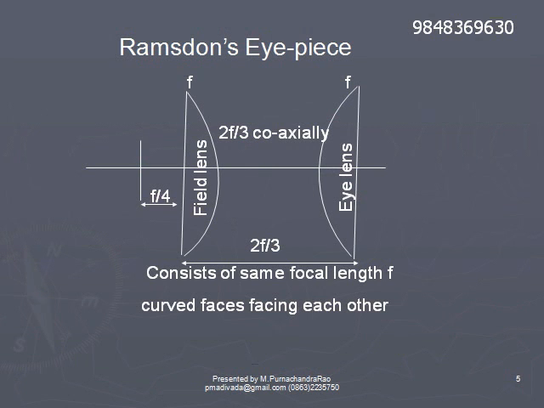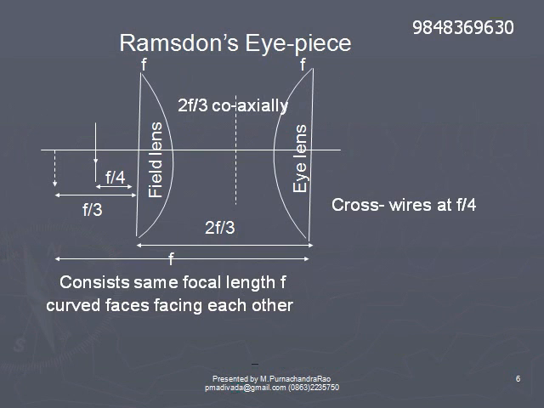We fix cross wires. Two thin wires perpendicular to one another will be fixed at a distance of f by 4 from the field lens, in front of one of the lenses, that is known as the field lens. At a distance f by 4, cross wires are fixed.